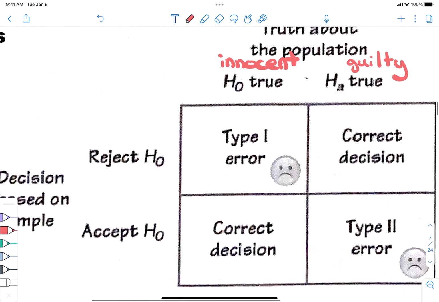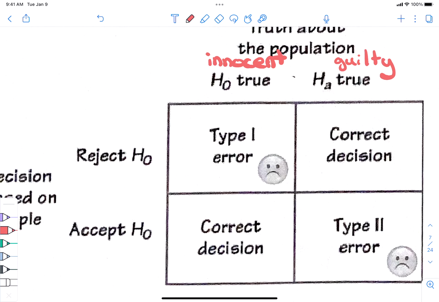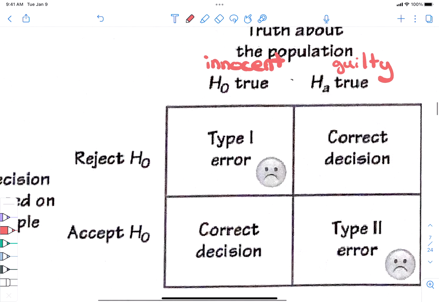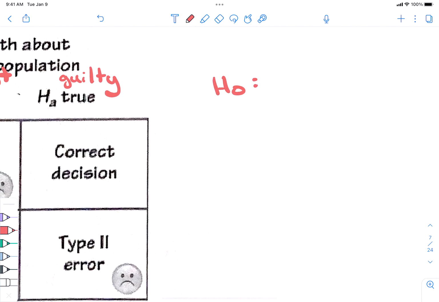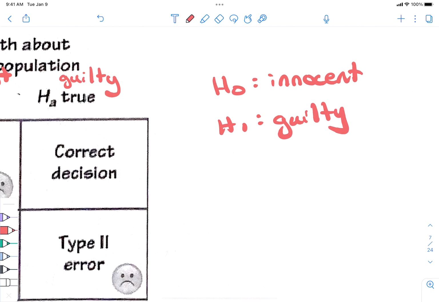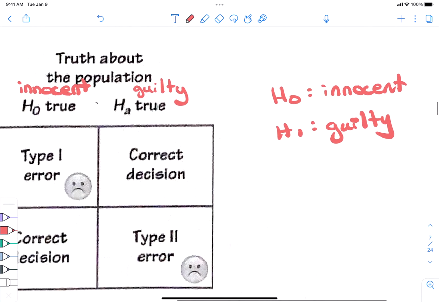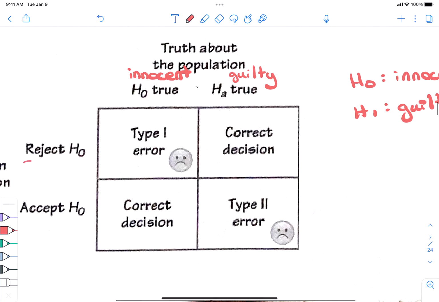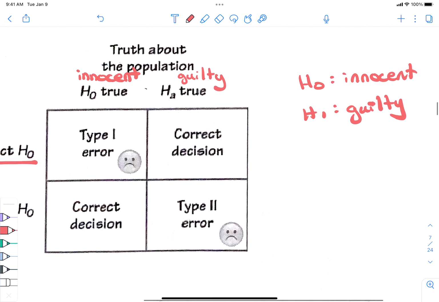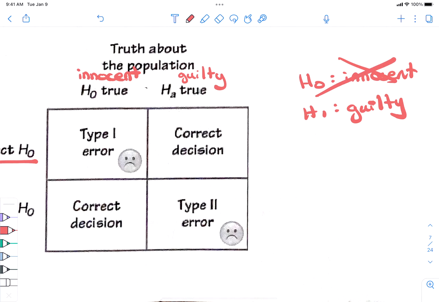Here are some errors that could happen. H0 is innocent and H1 or HA is guilty. If we reject H0, if we say that this is not true, what did we just say to them?